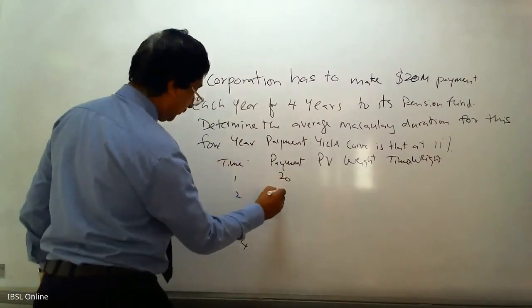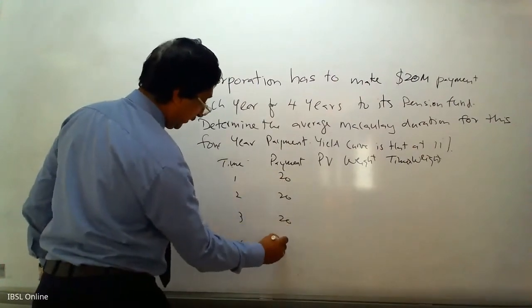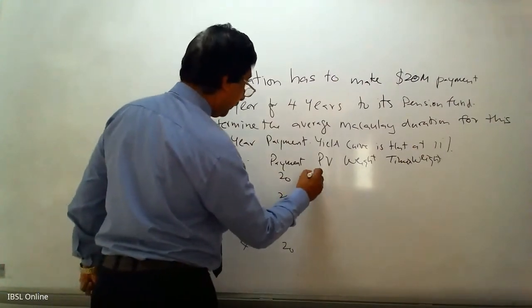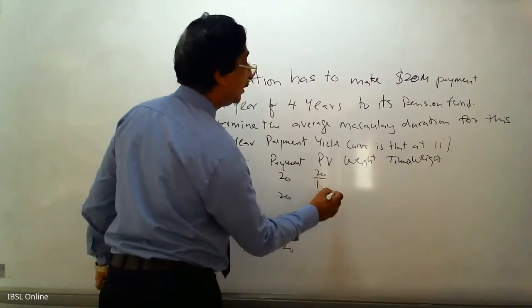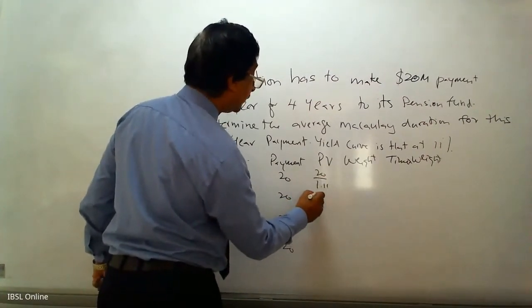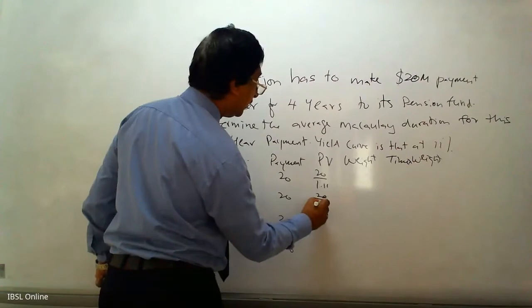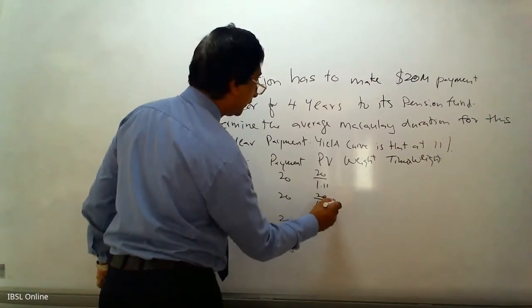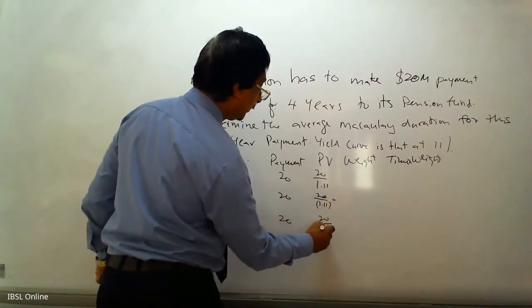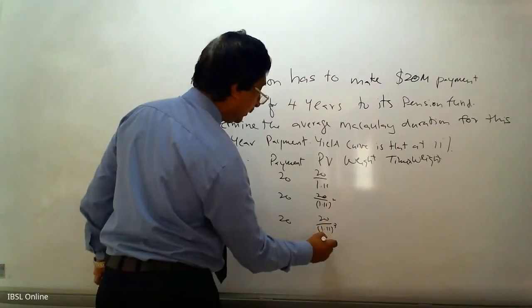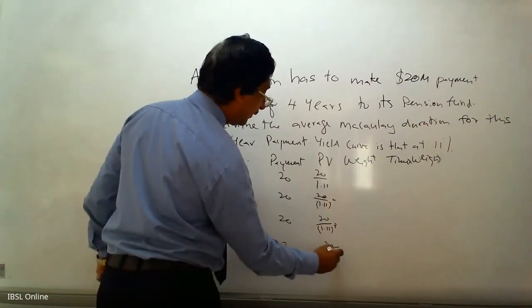Payment is 20, 20, 20, 20. Present value is 20 over 1.11, 20 over 1.11 to the power 2, 20 over 1.11 to the power 3, and 20 over 1.11 to the power 4.